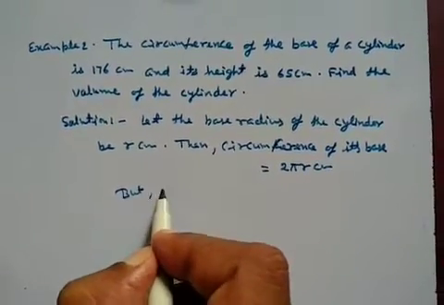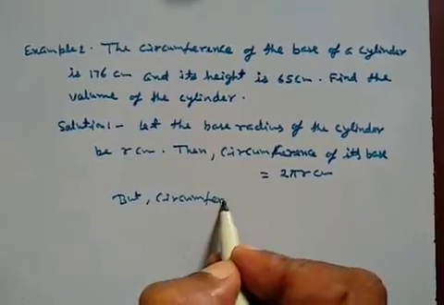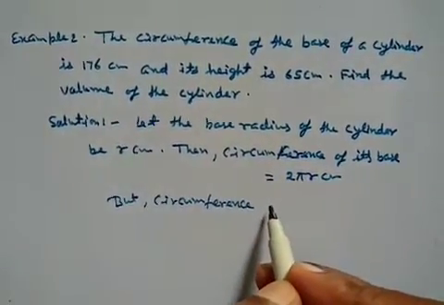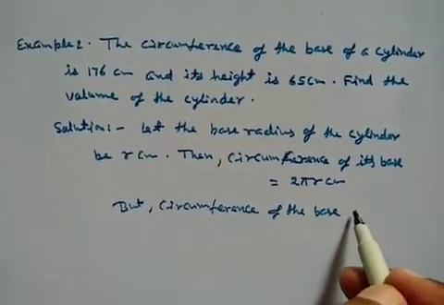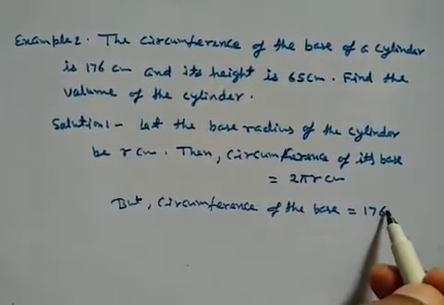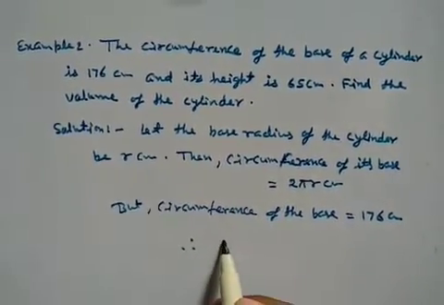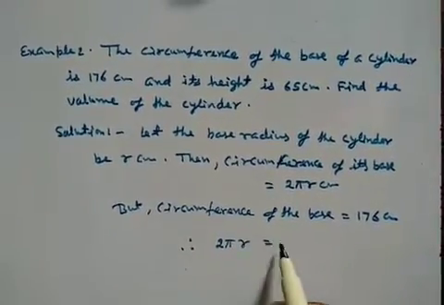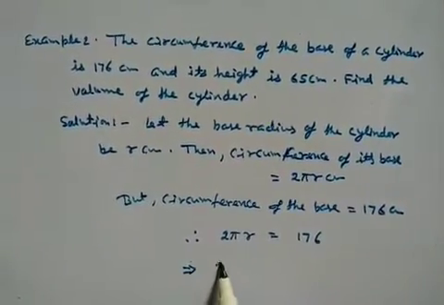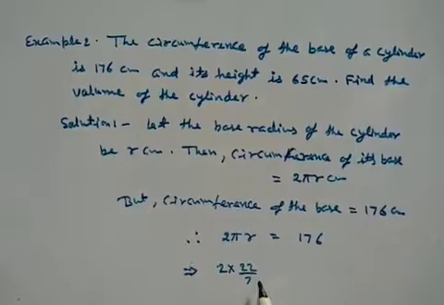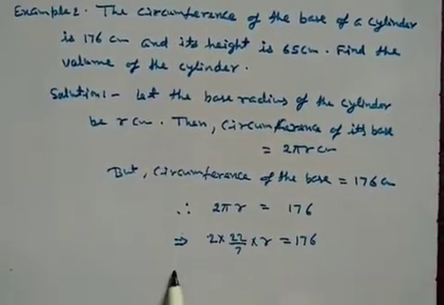But circumference of the base equal to 176 centimeter is given. So 2 pi r equal to 176. So 2 into 22 by 7 into r is equal to 176.